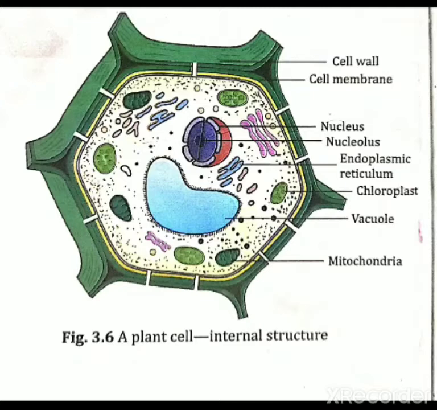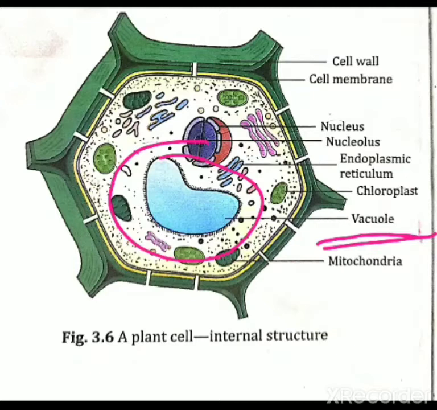About the cell membrane, nucleus, nucleolus, endoplasmic reticulum and mitochondria I told you, but about the chloroplast and vacuole I have not told you. So listen. You can see the chloroplast structure. Chloroplasts are the green colored plastids which contain chlorophyll.